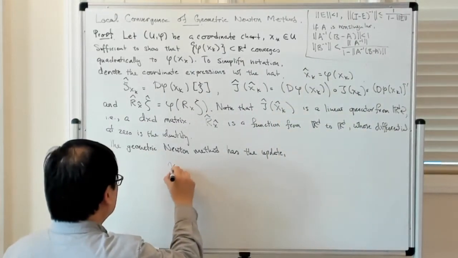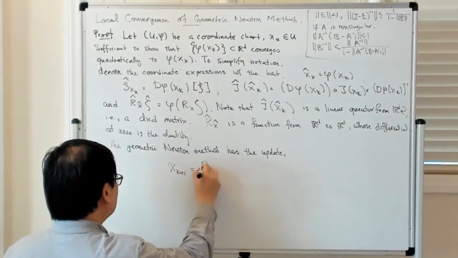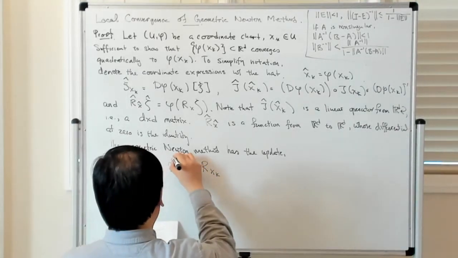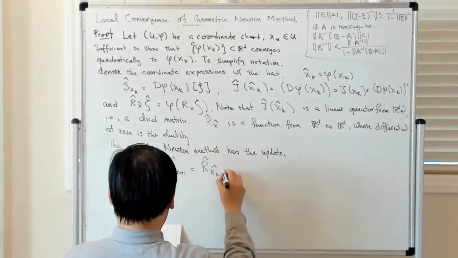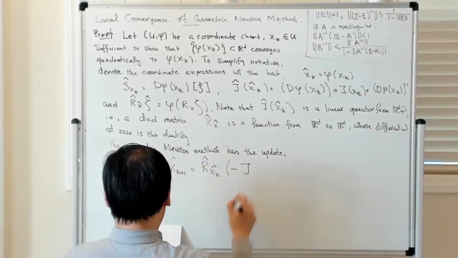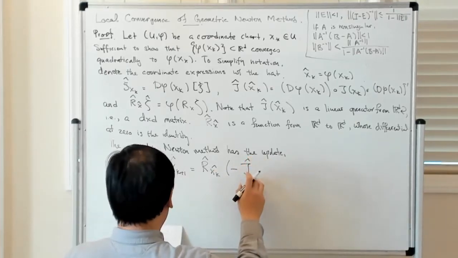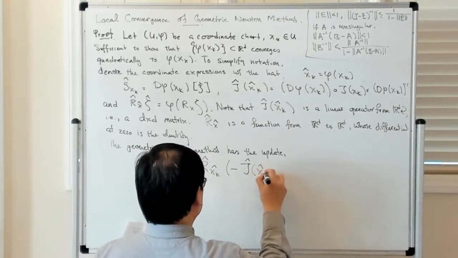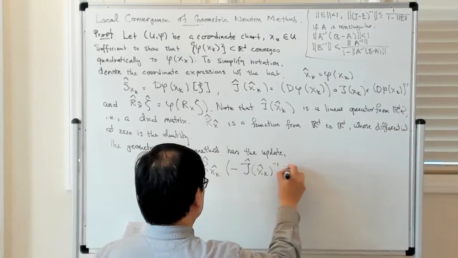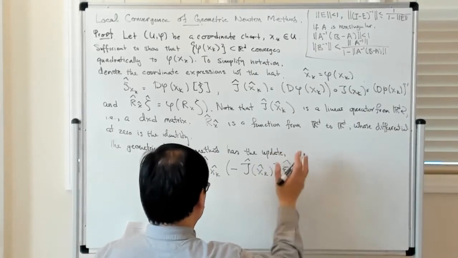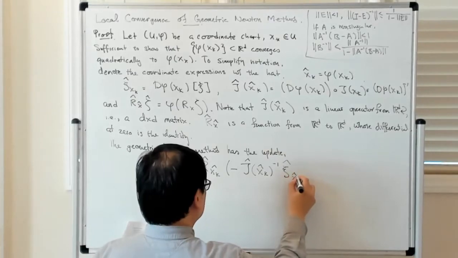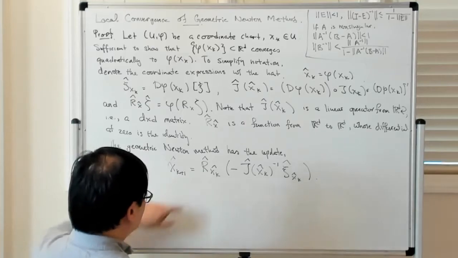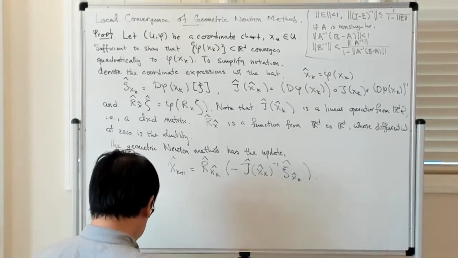You can write xk plus 1 as the retraction based at xk, and let me put everything in coordinates, so there's a hat above everything, applied to minus J hat xk hat inverse applied to the local coordinate expression for the vector field at the point xk hat. So I'm inverting the Jacobian, if you will, and putting everything into this one single expression, and I'm going to analyze the sequence which is generated.